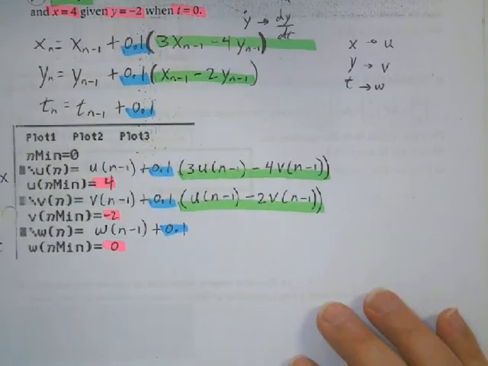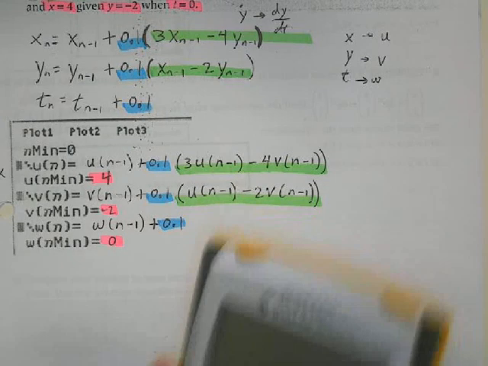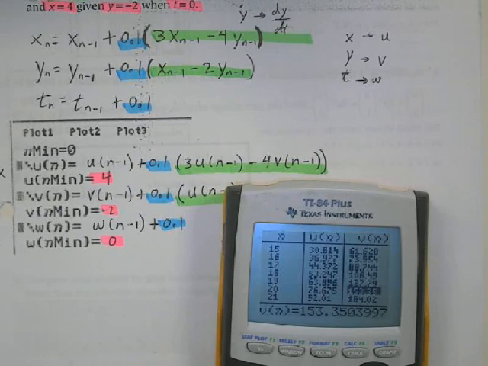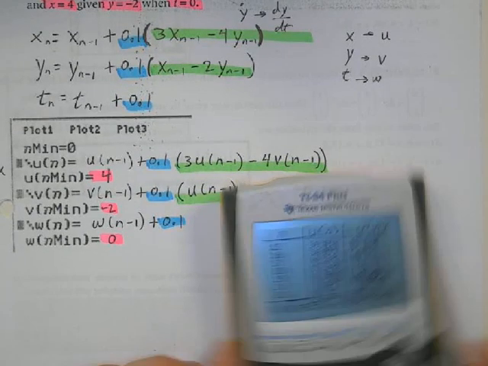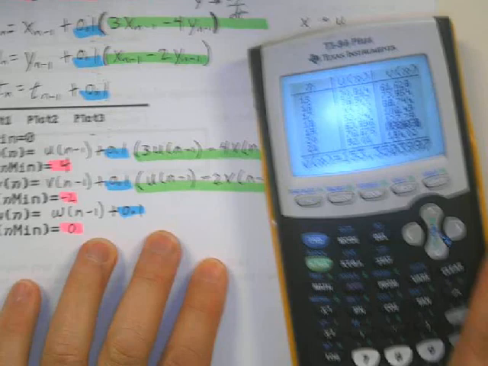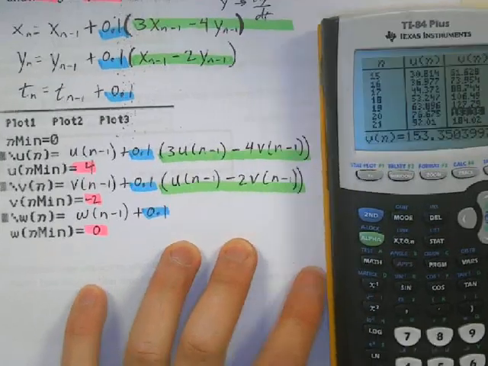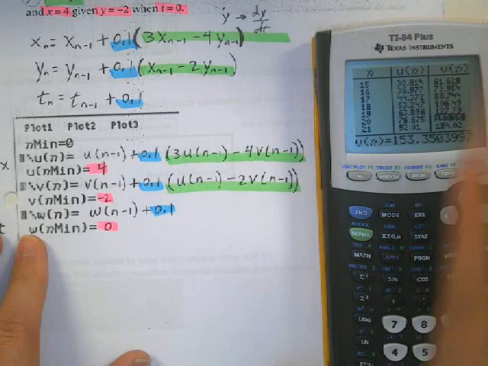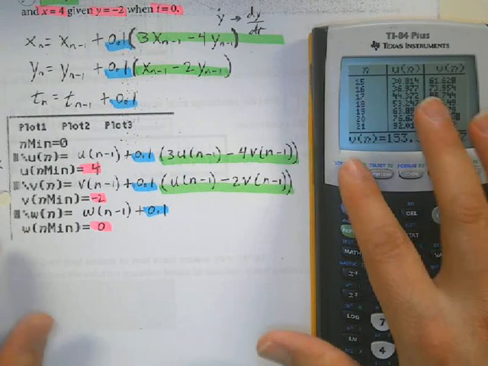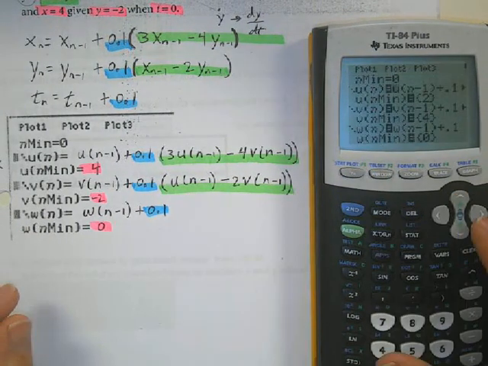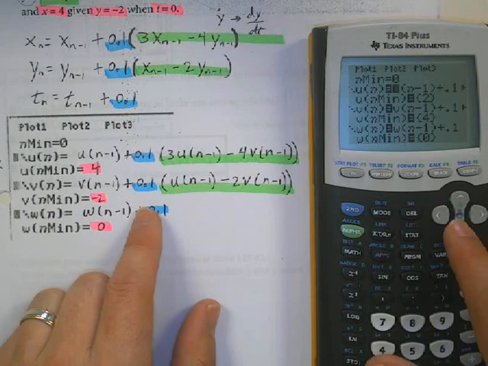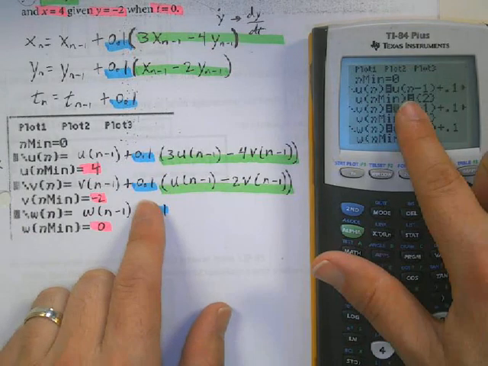All right, so let's type this into my calculator. For the other examples, I'm just going to show you my key. Okay, so I've already entered in.